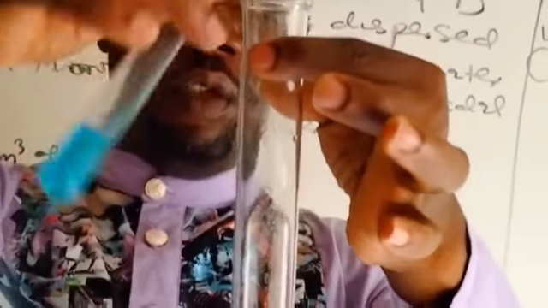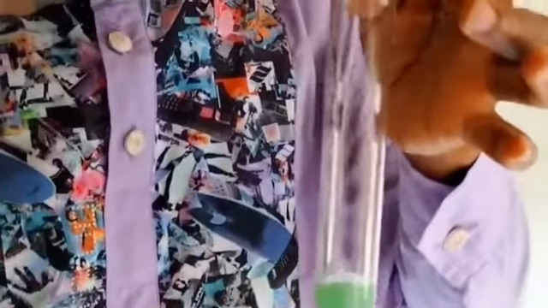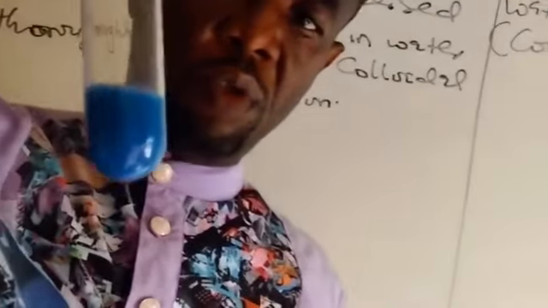So add copper sulfate into it, and then we add sodium hydroxide as well. We have a deep blue solution produced. We are seeing nothing inside of it.